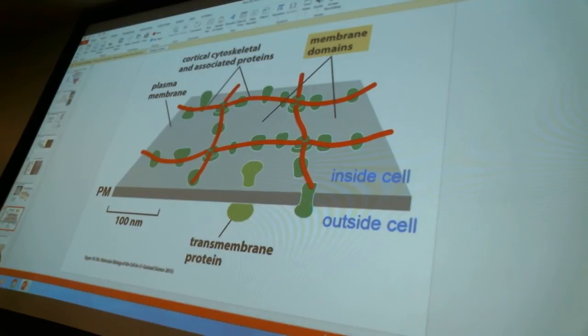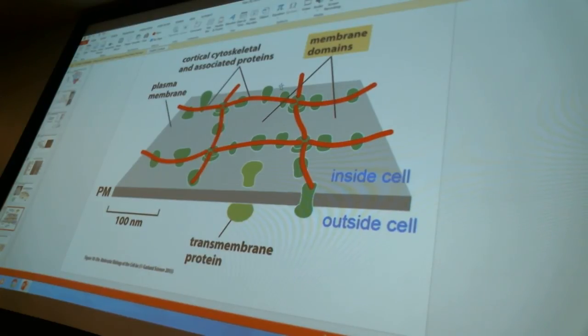this type of lattice can corral or retain a number of different transmembrane proteins that become trapped within this very localized membrane domain. So if you remember lectures about rafts, or when you look at cell signaling, very specific multi-protein signaling assemblies will be organized transiently at very specific sites.